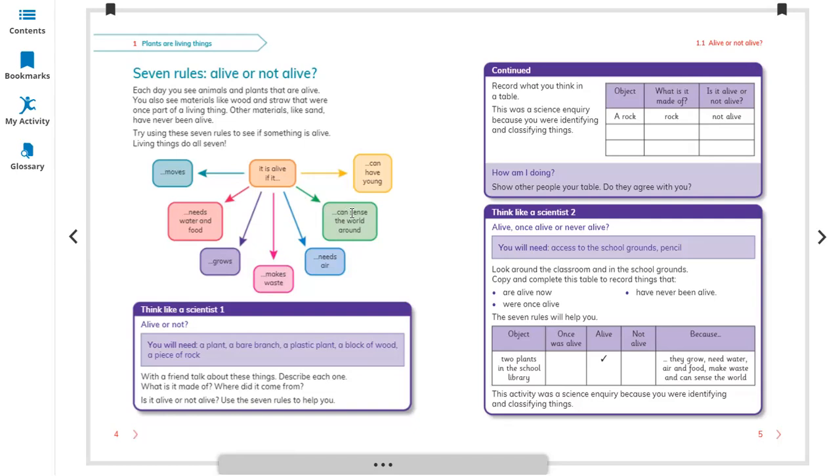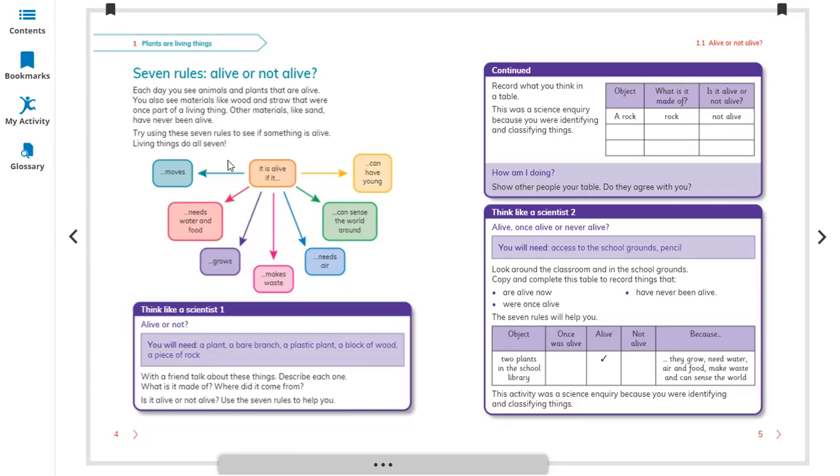We have 5 senses: touch, taste, smell, hearing, and sight. So a living thing can sense the world around it and have its young, which is reproduction. So these are the 7 rules for living things.